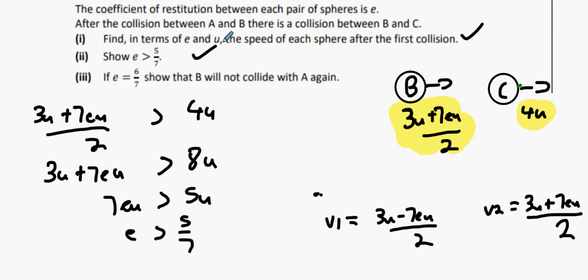Now, the next one requires me to prove that B will not collide with A again. So what I'm going to do is sub in 6 over 7 into the respective V1 and V2.